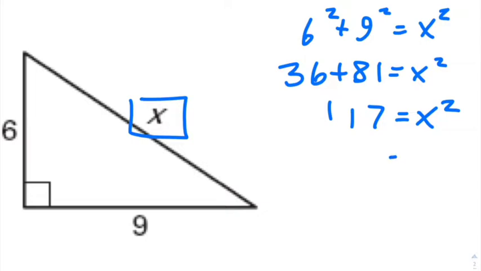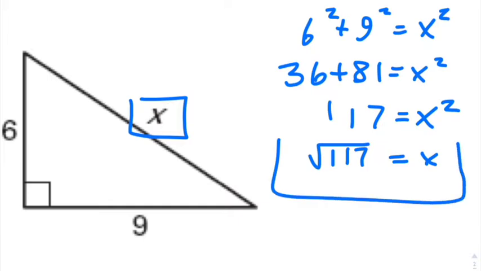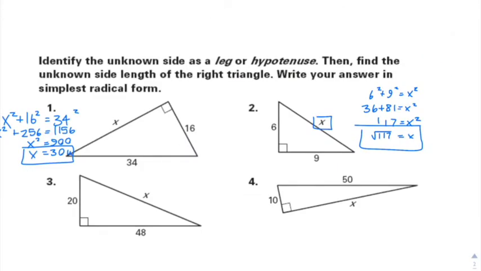Yep, 117. We can't square root that, so we'll just say it's the square root of 117. Now, if they ask us to round to the nearest tenth or something like that, or approximate our answer, we would use our graphing calculator, whatever calculator you got, and get the decimal. Apparently, it's about 10.8. But they wanted our answer in simplest radical form. So make sure you're paying attention to the format they want your answer in.